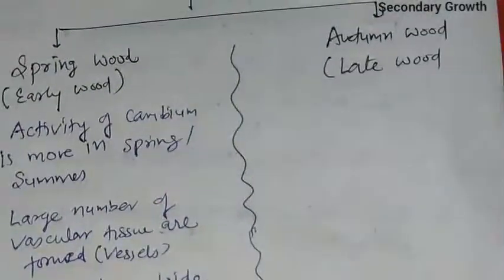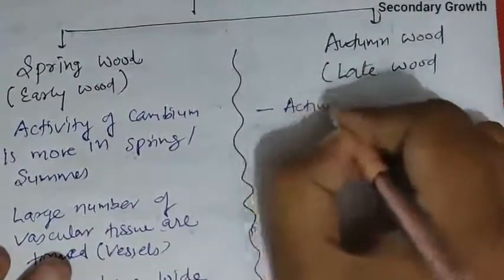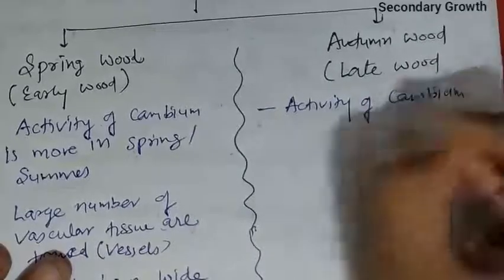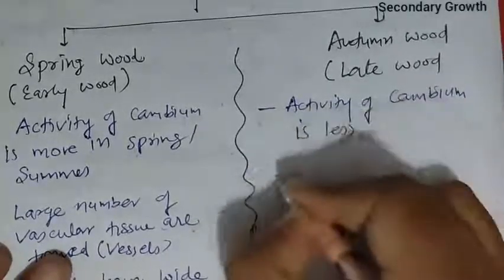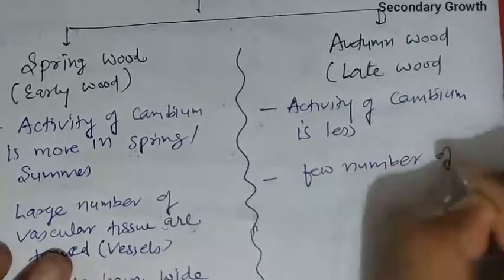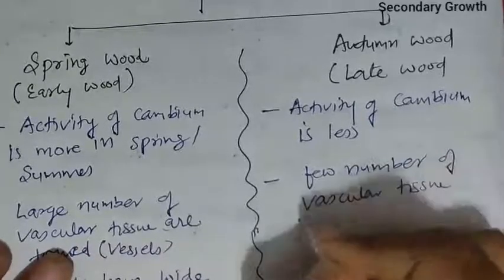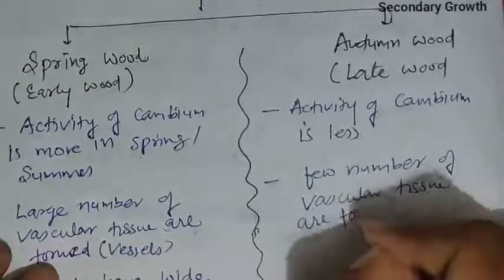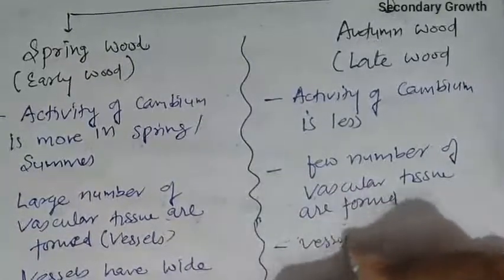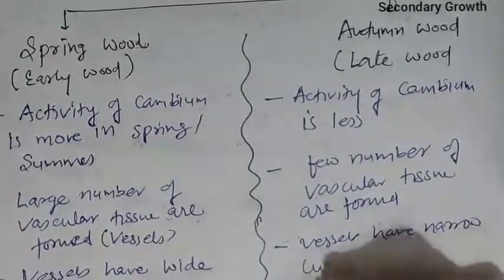Now another part is autumn wood, where late in the season activity of cambium is less, so a few vascular tissues or vessels are formed, and these vessels have narrow lumen.